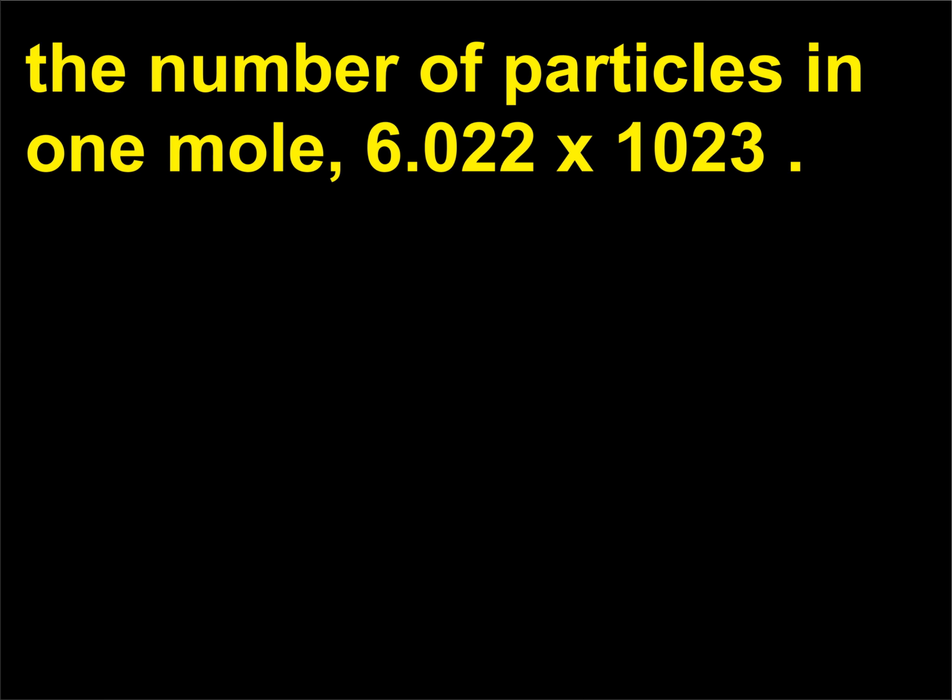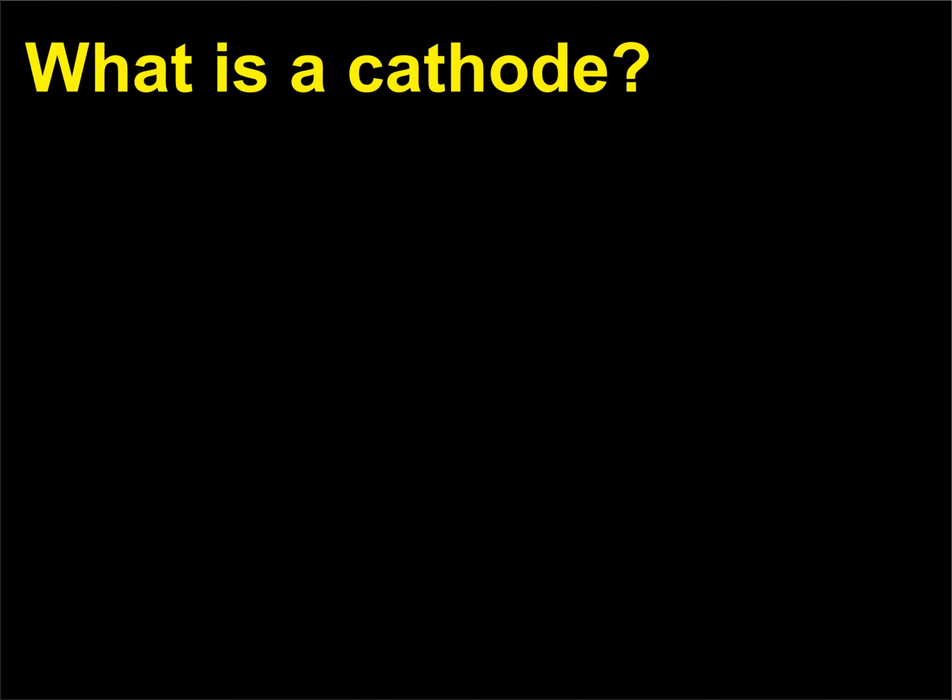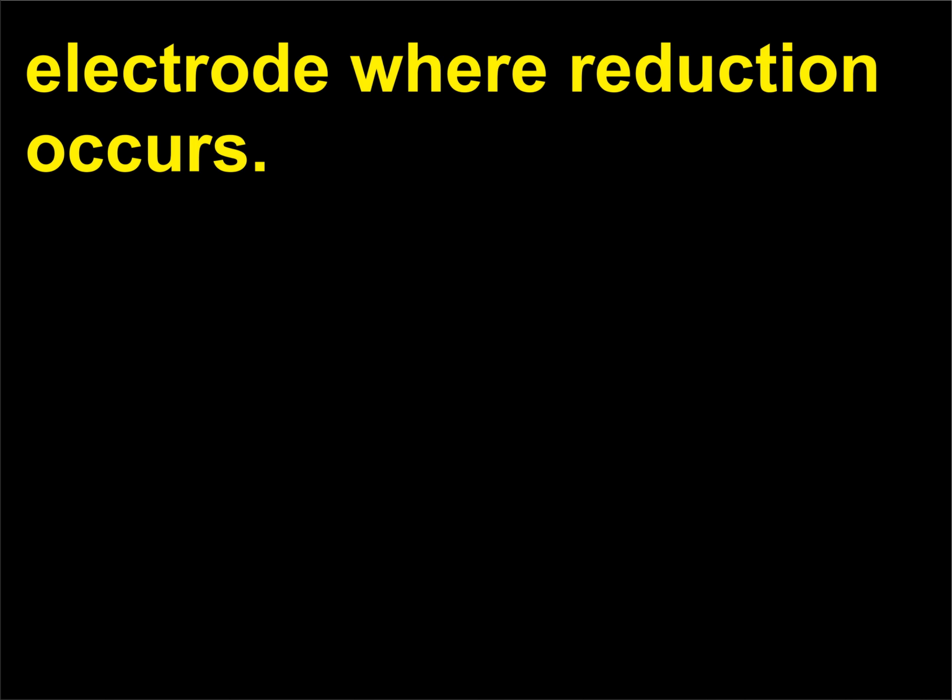The number of particles in 1 mole, 6.022 x 10^23. What is a cathode? Electrode where reduction occurs.